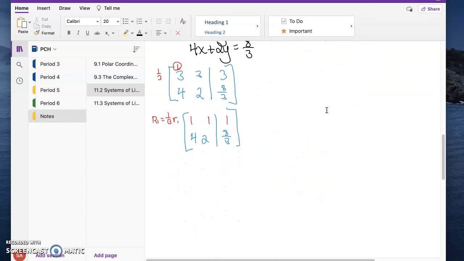The second thing I want to do, every time I'm putting something into row echelon form, is get a 0 in the entry below the 1. So the way I'm going to do that, this is where I'm going to use that elimination, that number 3. So I'm going to create a new row 2 by multiplying row 1 by -4 and adding it to row 2.